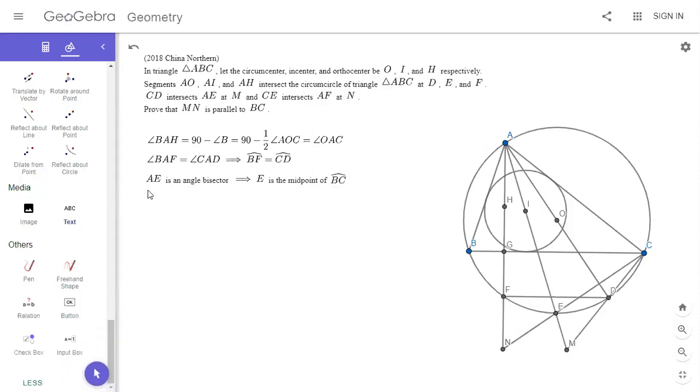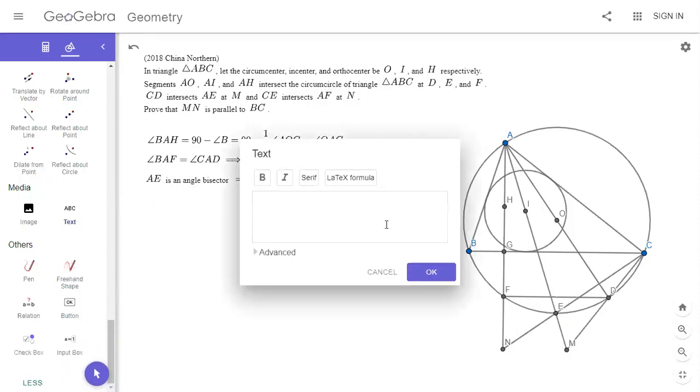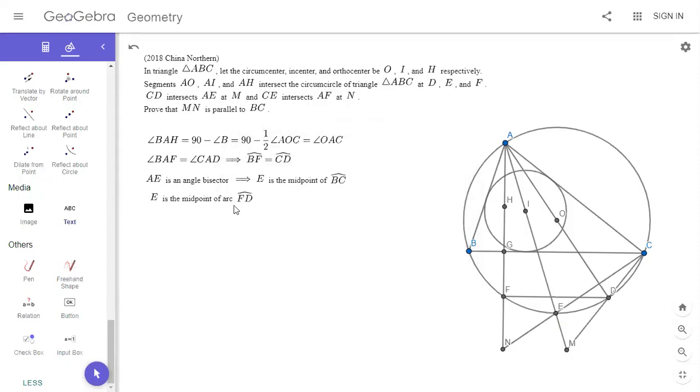So yeah, maybe there was like a faster way of going about this, but I'm just gonna write it like this. So E is the midpoint of arc FD. And so that means that angle FAE is equal to angle ECB.